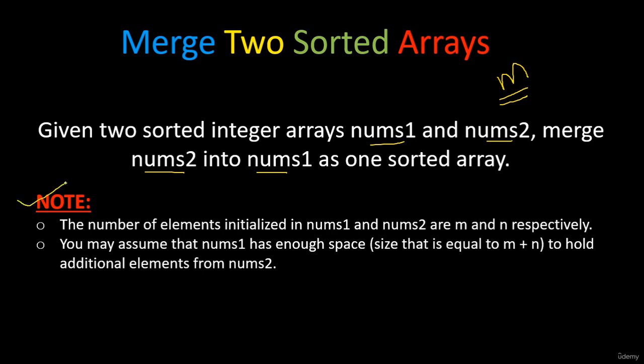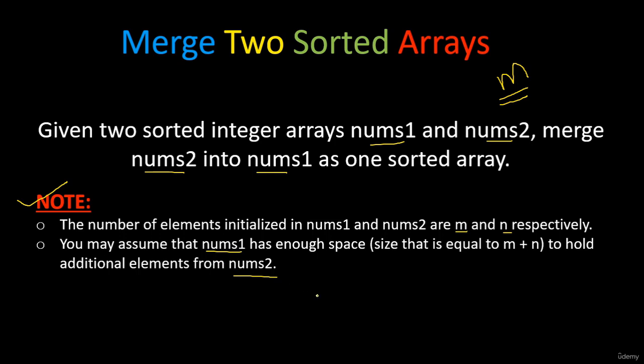Here we have a note: the number of elements initialized in nums1 and nums2 are m and n respectively. You may assume that nums1 has enough space, with size equal to m plus n, to hold additional elements from nums2. Because array size is fixed, we cannot change array size during runtime.